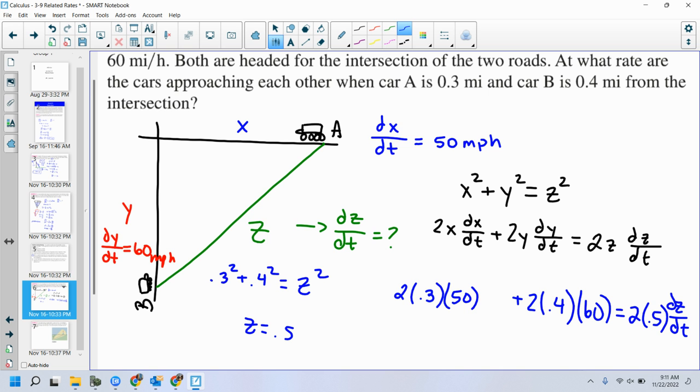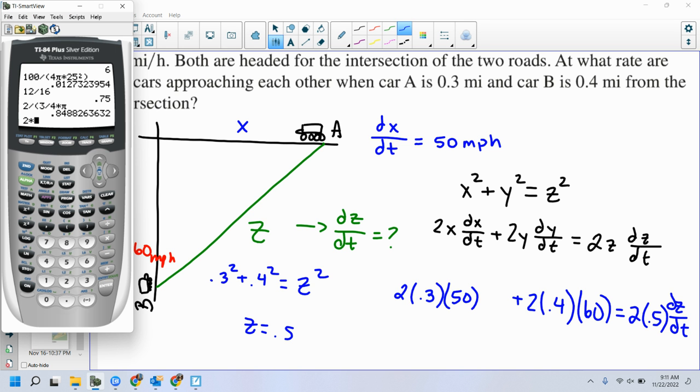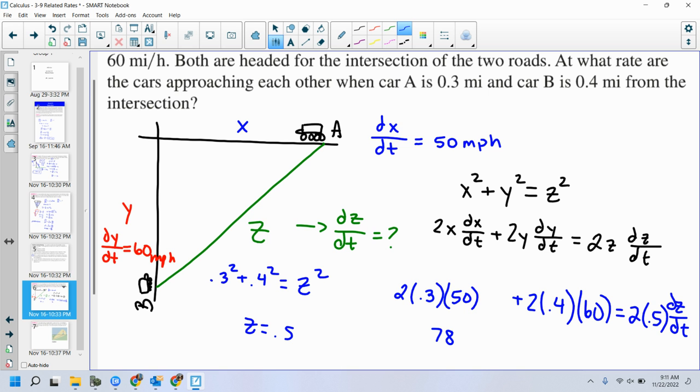Because dz/dt is our unknown. All right, let's put the whole left side in. 2 times 0.3 times 50 plus 2 times 0.4 times 60. 78 is equal to 2 times 0.5, which is 1, times dz/dt.